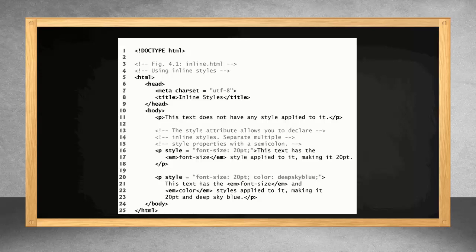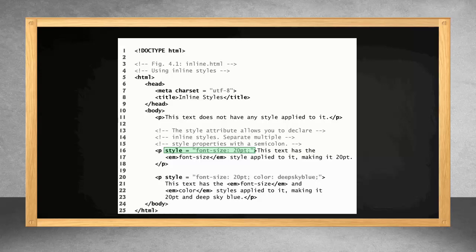You can see inline styles don't truly separate presentation from content. To apply similar styles to multiple elements, we'd better use embedded style sheets or external style sheets, which we'll introduce later. In this web page, the first inline style declaration is in line 16.